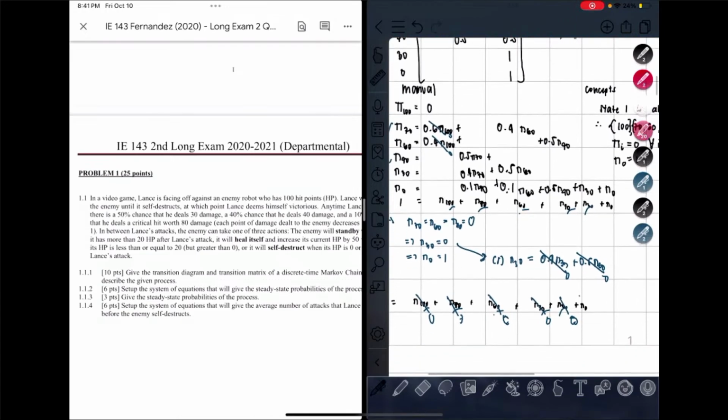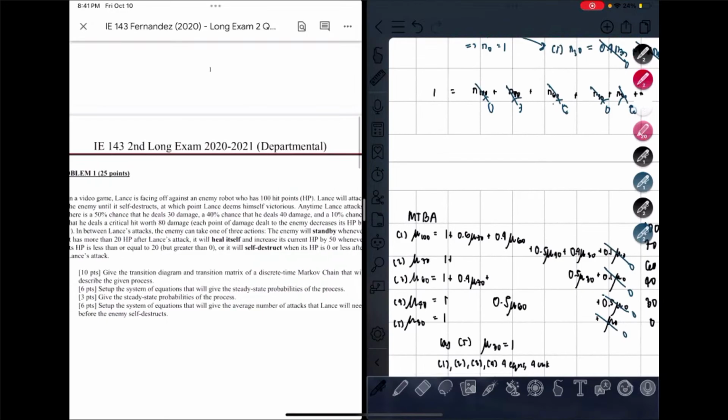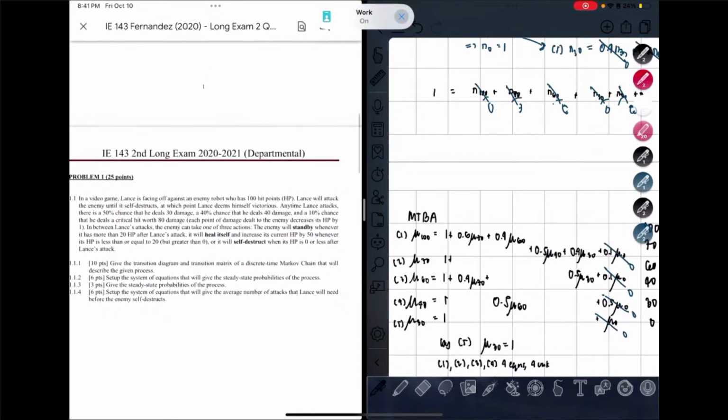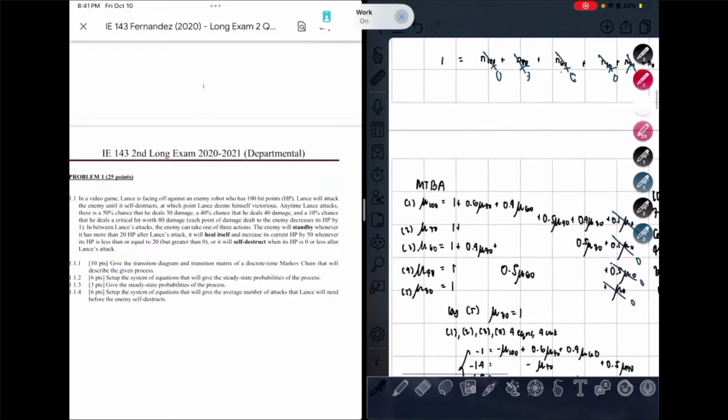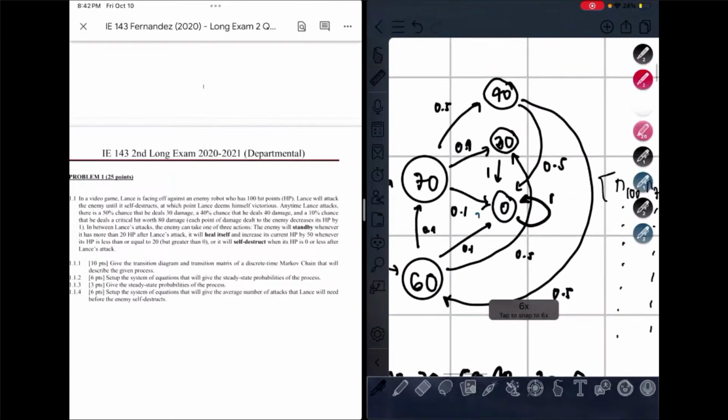1, 2, and 3. The last thing asked from us is to set up the system of equations that will give the average number of attacks Lance will need before the enemy self-destructs. So this one is just mean time before absorption. The reason for that is the enemy self-destructing, as we found out, is an absorbing state.